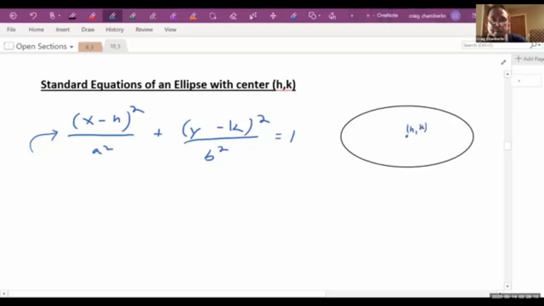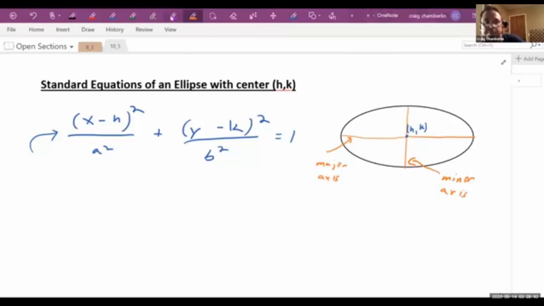It has two axes we're concerned with, a horizontal axis and a vertical axis. In this case, the horizontal axis is the long axis, so we call it the major axis. The axis perpendicular to that is the shorter of the two. It's called the minor axis.